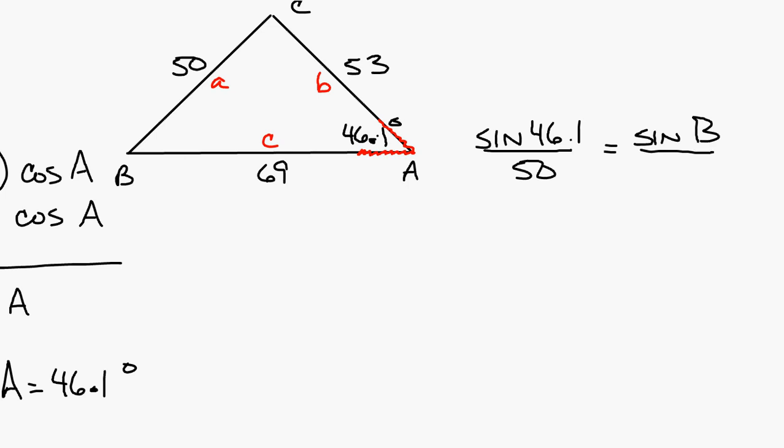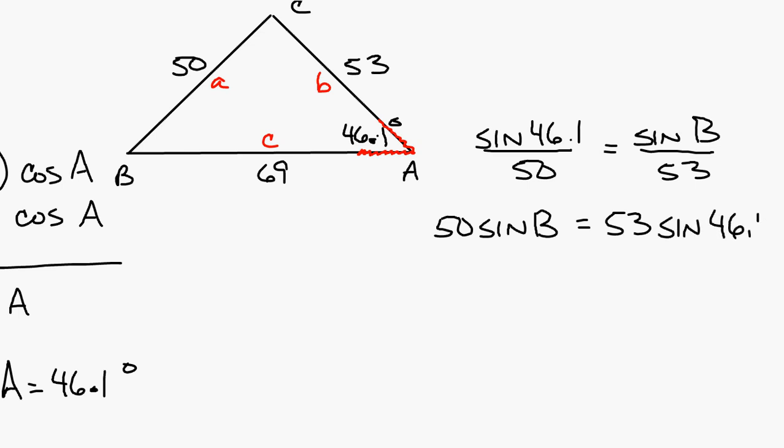And you crisscross multiply, so 50 sine of B equals 53 sine 46.1. You can divide both sides by 50.